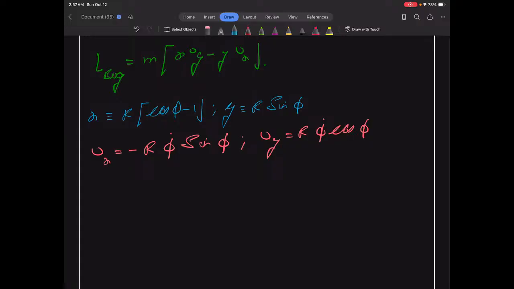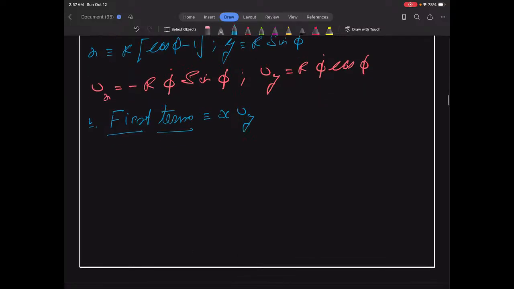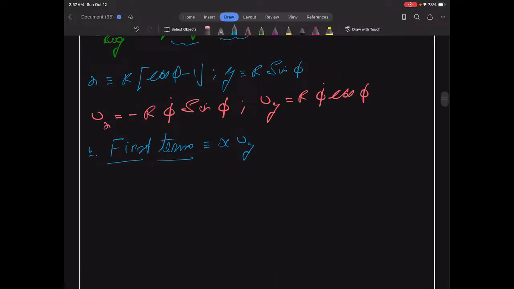Now we can find out the product. We are going to solve them separately. First of all, we are going to find out x v_y, and then we are going to find out y v_x, and then we can subtract them. So our first term is x times v_y.